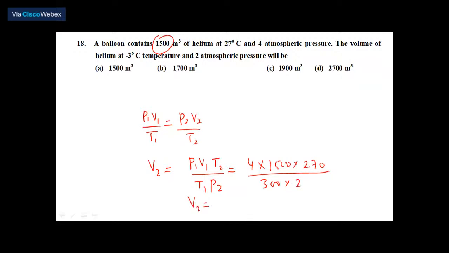You simplify this, you get V2 is equal to 2700 meter cube. So this is the new volume.